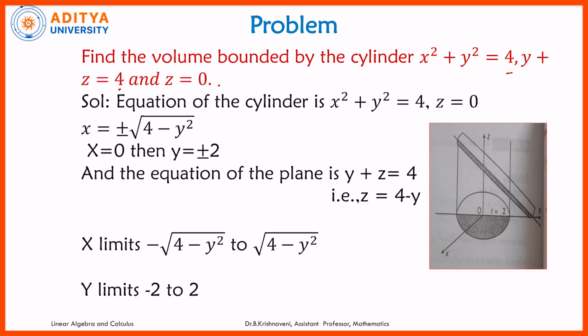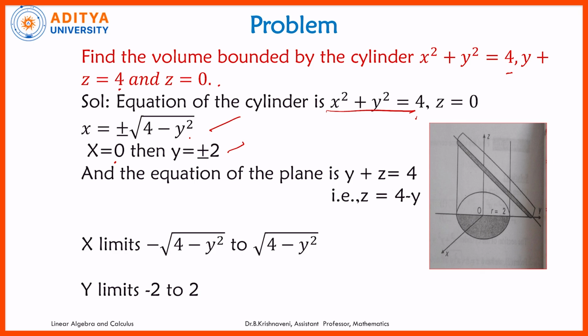Here we are given the equation of the cylinder x square plus y square is equal to 4, and z is equal to 0. From the first, we get x is equal to plus or minus root of 4 minus y square, and if x is 0 in that equation, y square is equal to 4, that means y is equal to plus or minus 2.